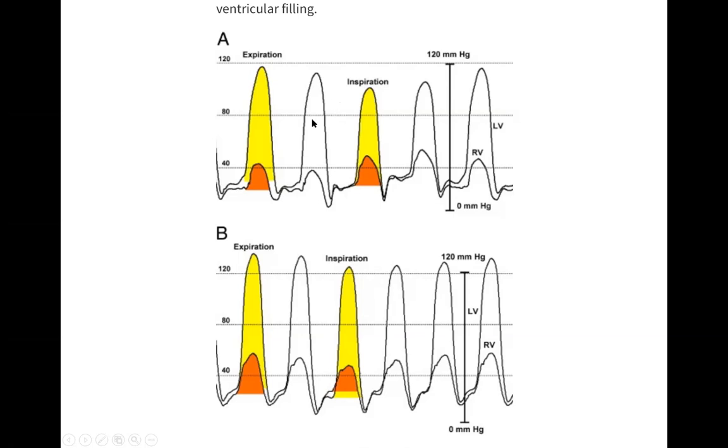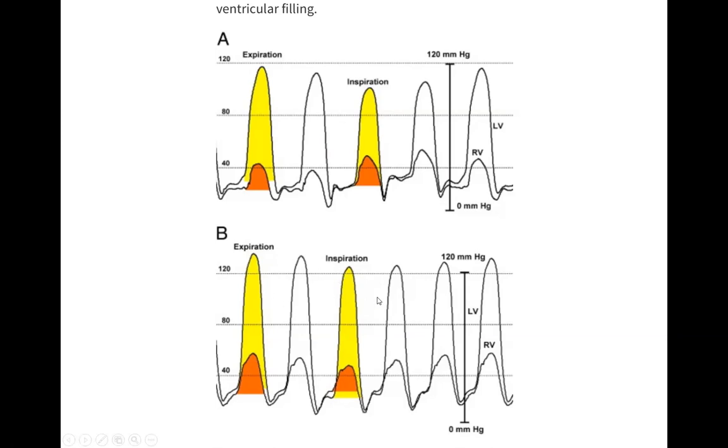What does ventricular interdependence mean? That means when I take a deep breath, the RV pressure will go up, so the septum will push into the left ventricle, so the LV pressure significantly drops because there is no room for the ventricle to expand. But in normal people, you're still going to increase your RV pressure, but the RV pressure will go down though you're increasing your volume, and the LV pressure will also go down. So both ventricles go in the same direction.